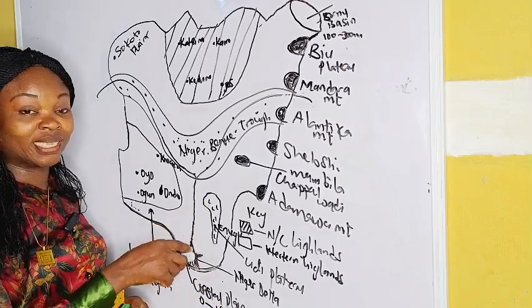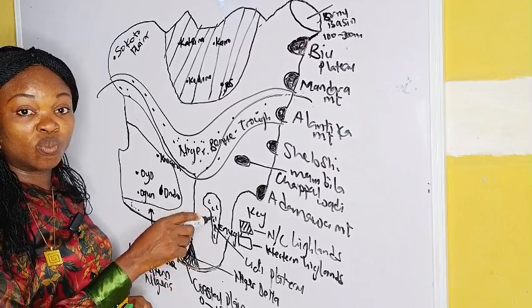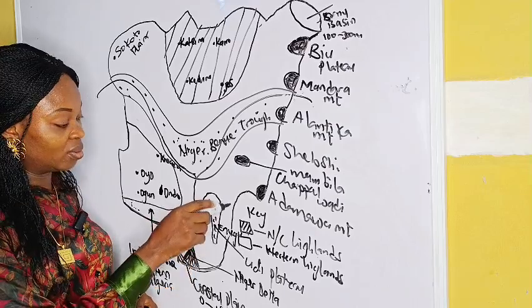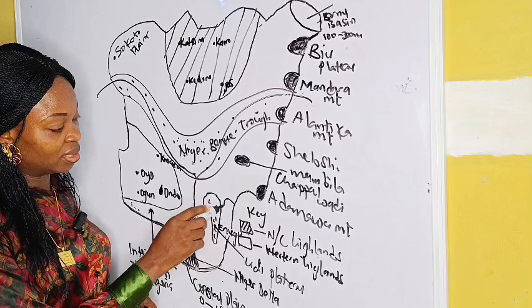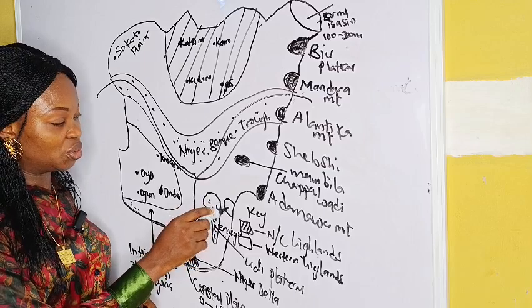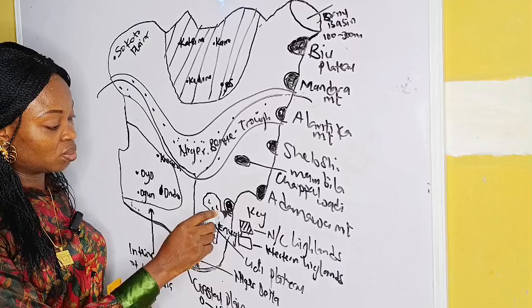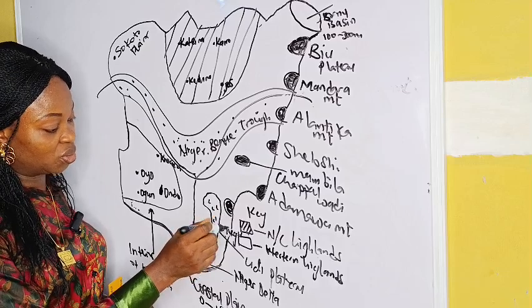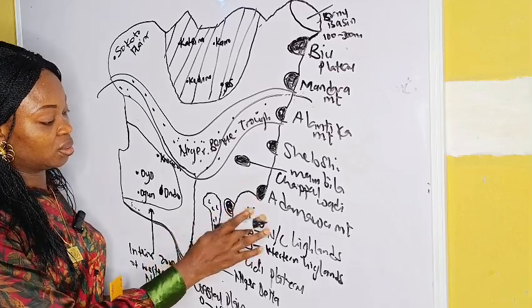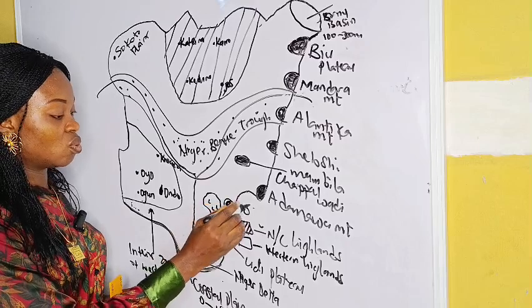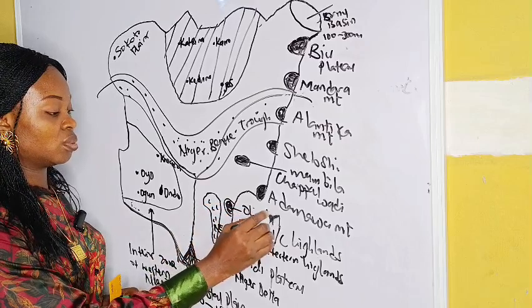Oh my God, I didn't add Obudu and Oban Hill. Okay, let me just add it here. This is Obudu Plateau.